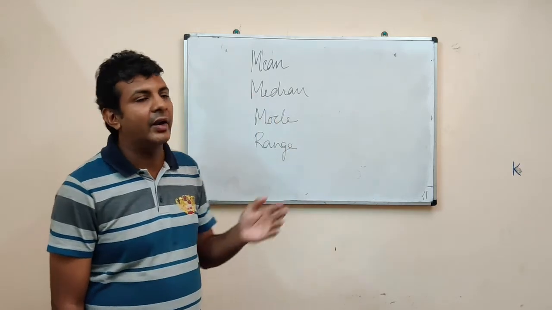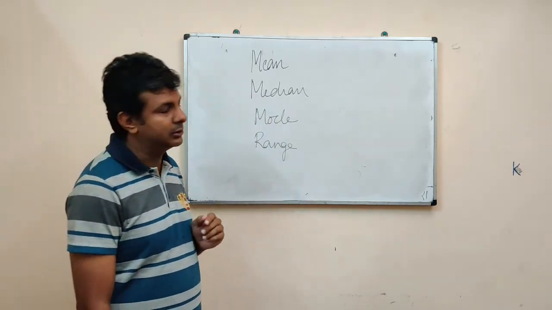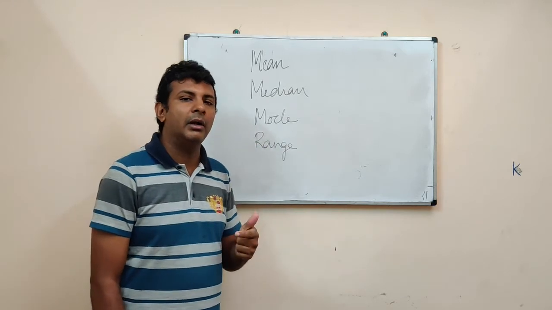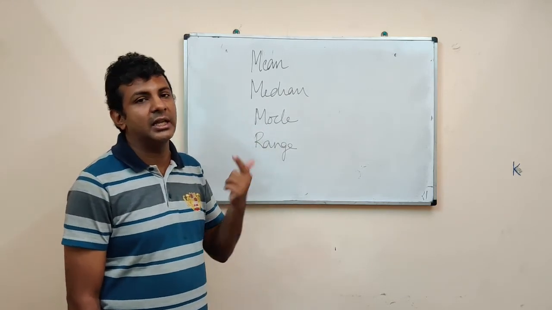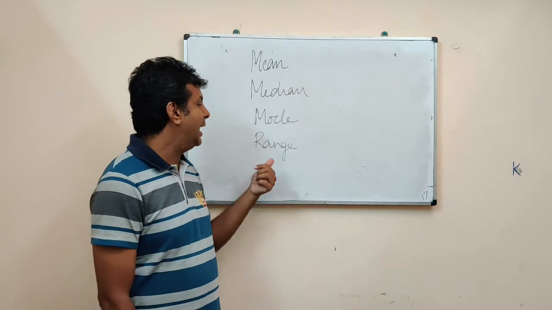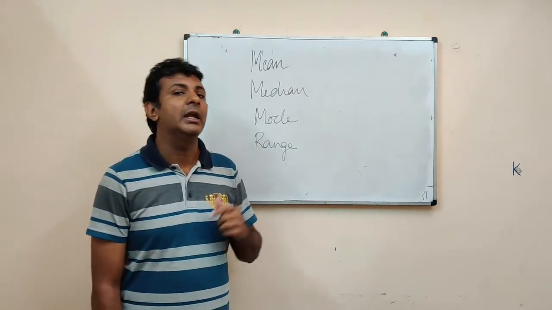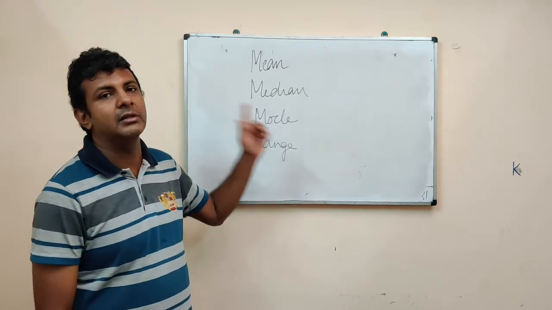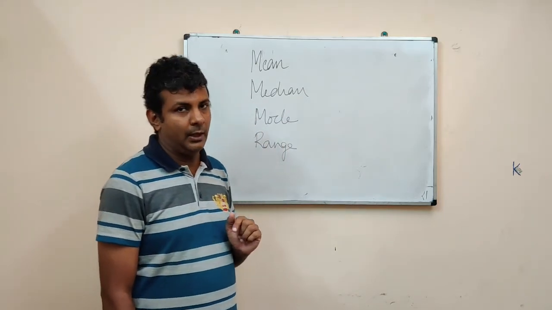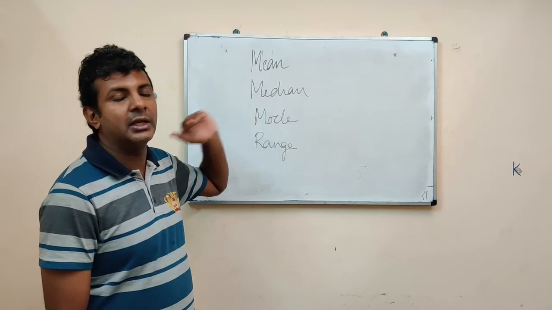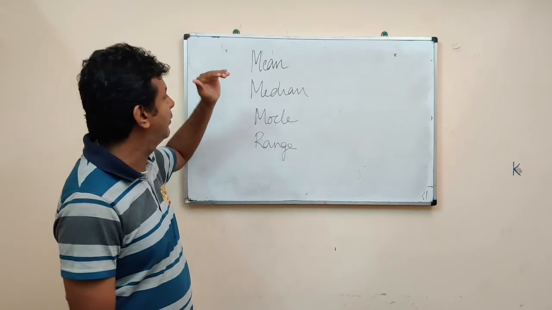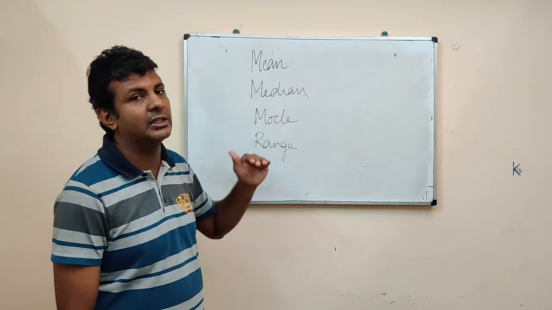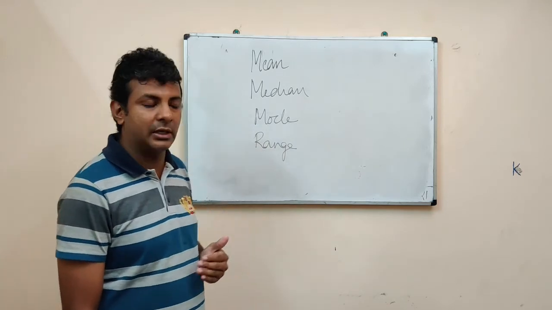Mode is the number that occurs in the set the maximum number of times, and range is the difference between the maximum and the minimum values inside the given set. These are the four basic values that we need to understand as far as statistics is concerned.